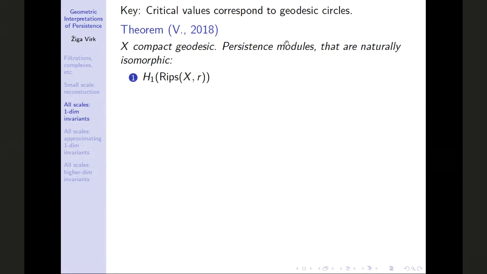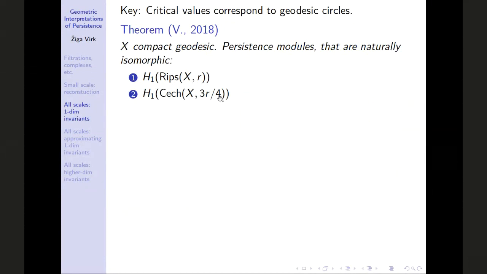It turns out you can completely classify its first one-dimensional persistent homology. It turns out that the Rips and Čech persistence, one-dimensional persistence, are isomorphic. The only difference is this scale parameter 3/4.